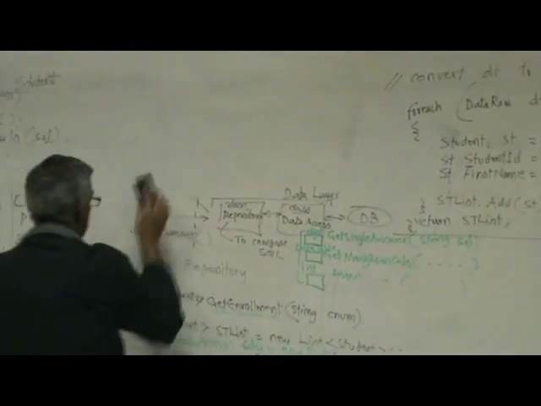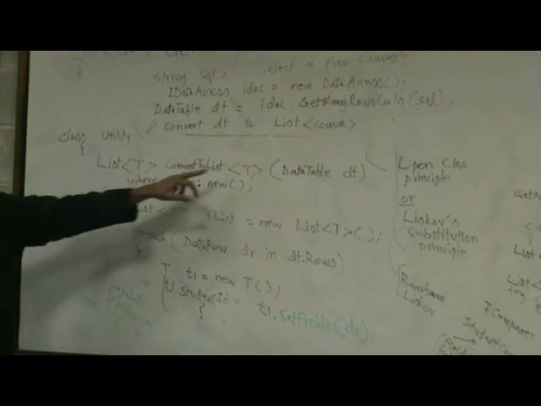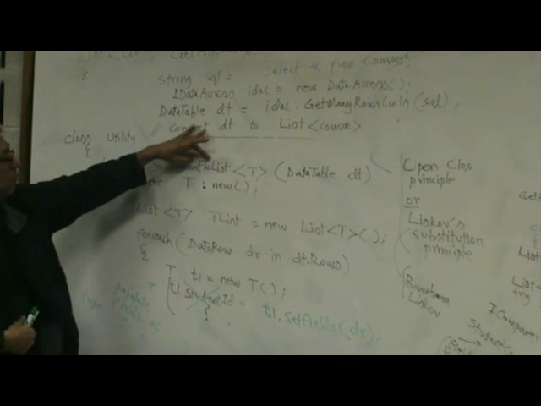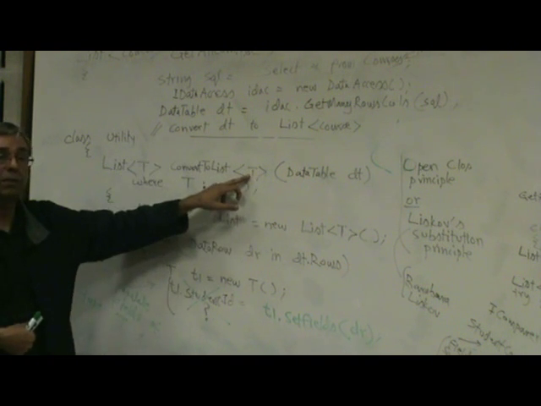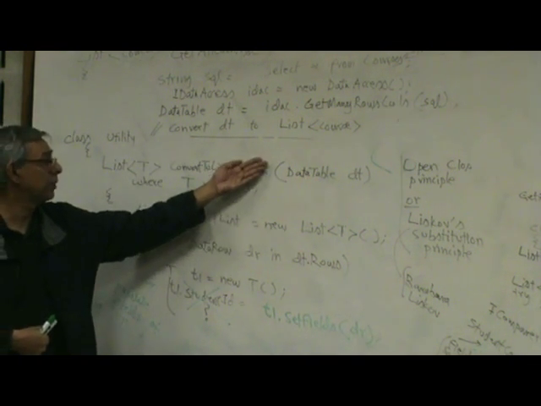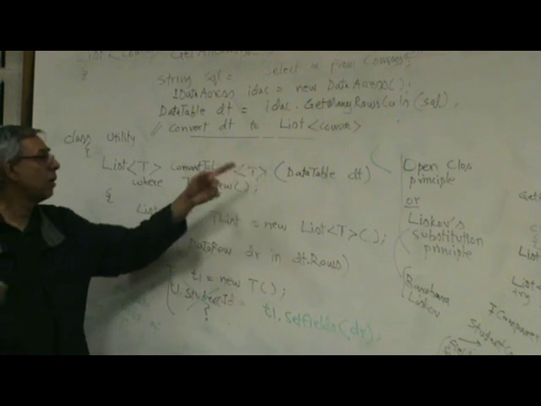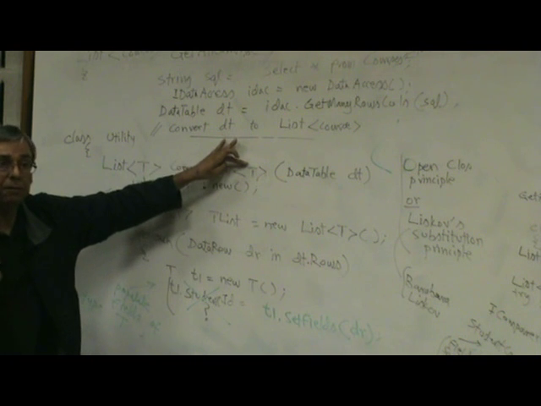Excuse me, Professor. In that convert to list method, what is the second T? What is this T? Okay, anytime we write a generic method, after the name of the method, if you are calling this type T, you have to put T over here. Otherwise, if you don't write it, it will give you an error saying, what is T? There's no keyword called T. So now we are basically saying type T is the generic field.